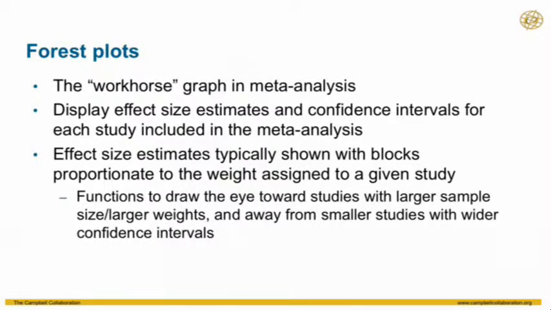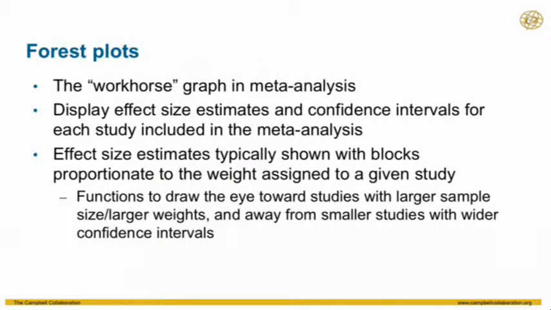Typically, the way that we construct forest plots is to have each of those effect size estimates shown with a block that's proportionate to the weight given to that study. Typically that means the studies that have larger sample sizes, or which are providing more precise estimates of the parameters of interest, are getting more weight.